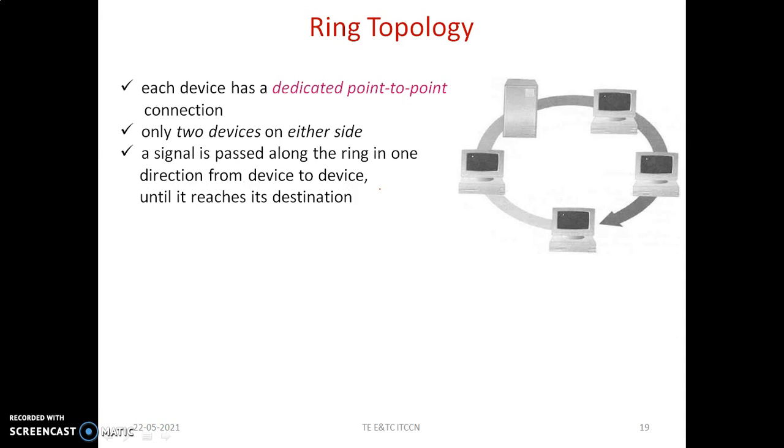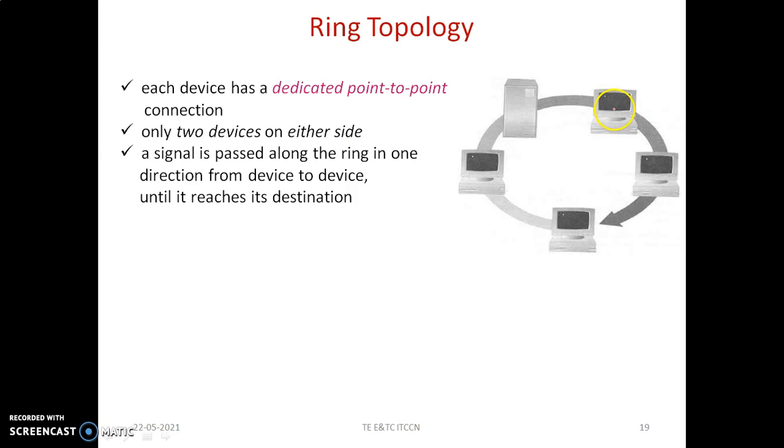So again it has the advantages as mentioned in the case of a mesh. What are the advantages of a dedicated point-to-point link? Only two devices are connected on either side, so it requires two ports for connection. Signal is passed along the ring in one direction from device to device until it reaches its destination.